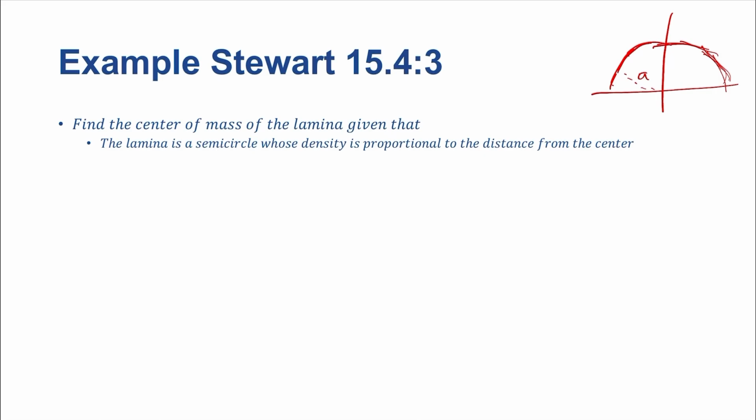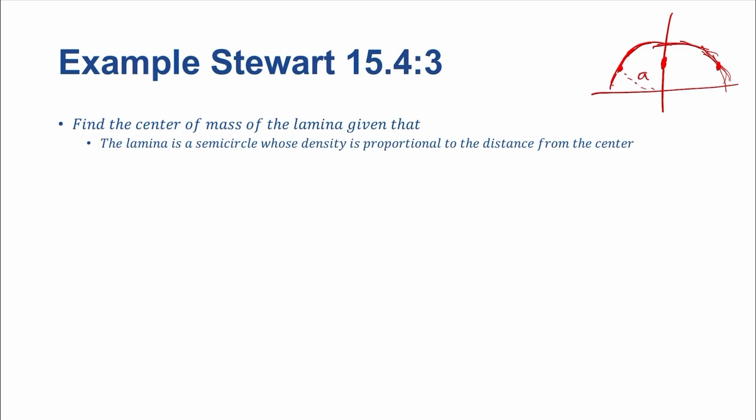So what we want to do is we want to find the center of mass of this. Now what we know is that because this is symmetrical, the density here is going to be the same as the density there because they're the same distance out, our x center of mass is going to be at 0.